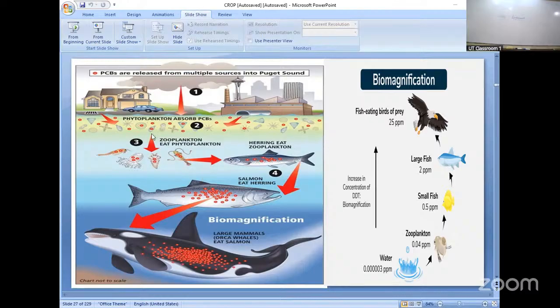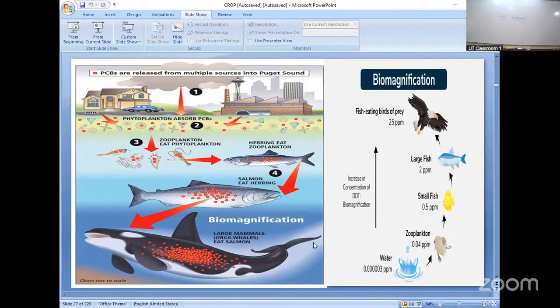And then it is eaten by zooplanktons. So along with the phytoplankton, the chemicals enter into the zooplankton. The same way, from zooplankton it enters into the herring, which is a kind of fish, and this is eaten by salmon. Then again the chemicals enter into its body, and when the large mammal feeds on salmon, then the chemical enters into the large mammal's body.